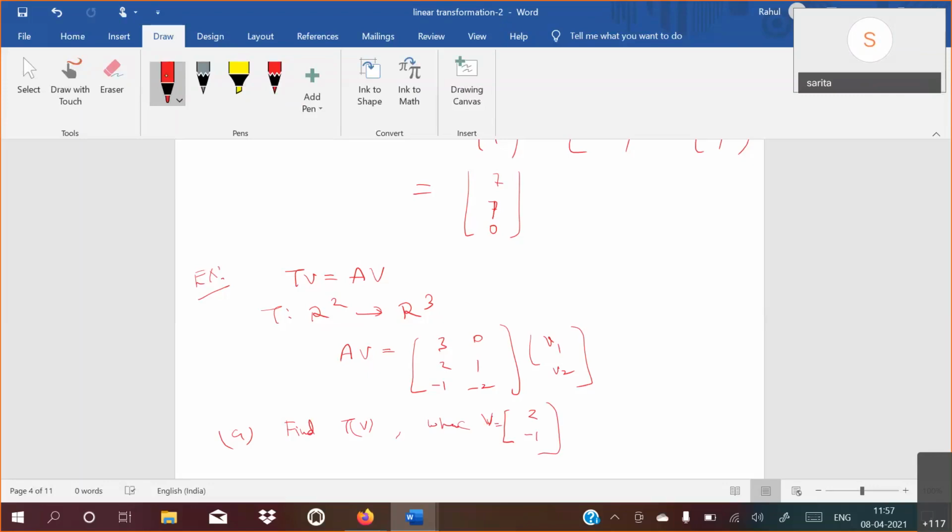So even if it is not given here, and if the question was only this question: T is a linear transformation from R2 to R3, and A v is given as this, where v is (2,-1), find T(v). And part B is show that T is a linear transformation. Okay, yeah, tell me.